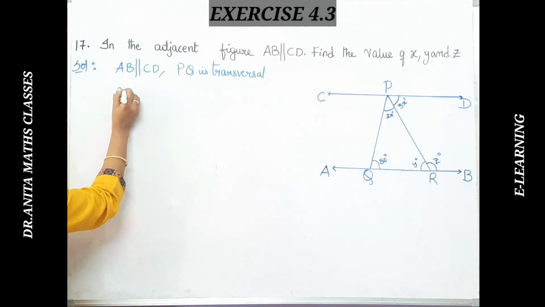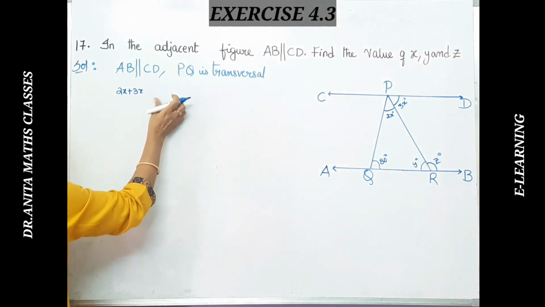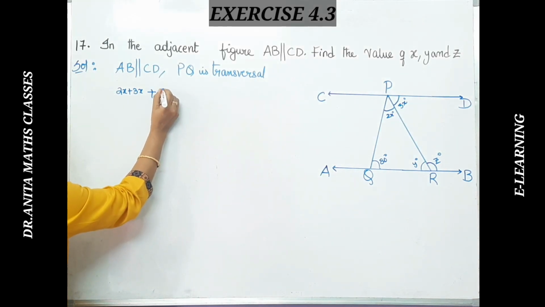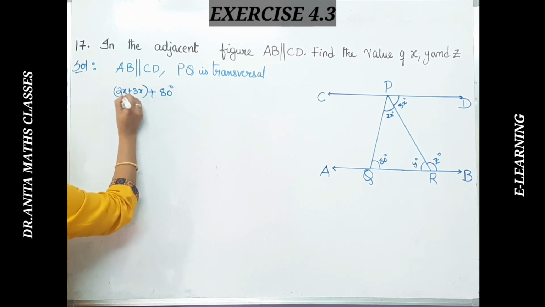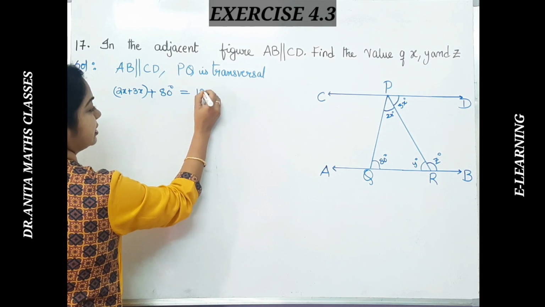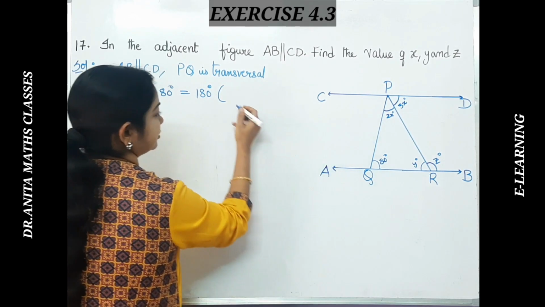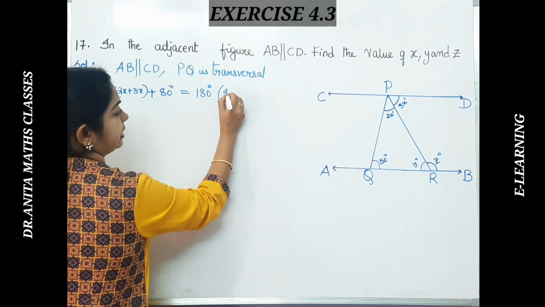So 2x plus 3x, which is one angle, and this 80 degrees is equal to 180 degrees because they are on the same side of the transversal.